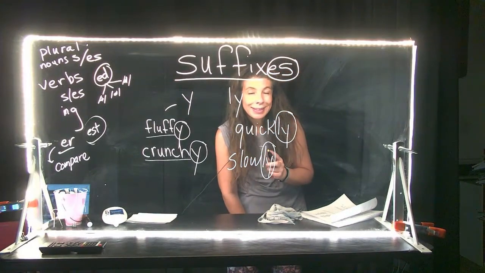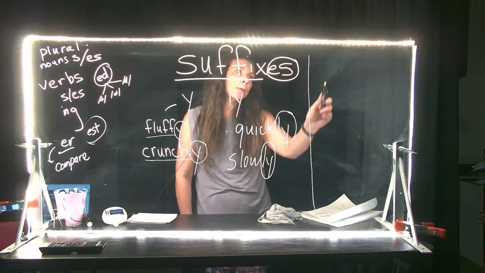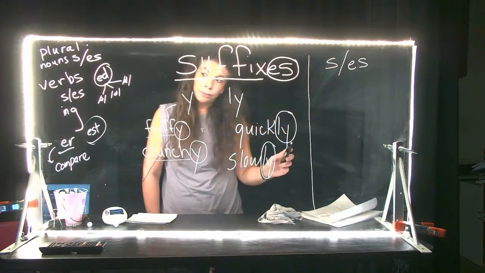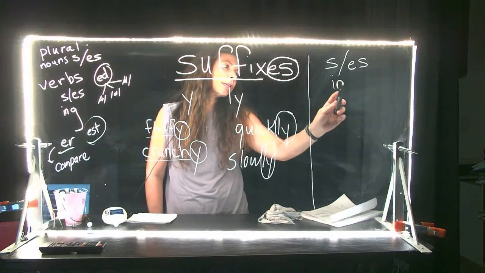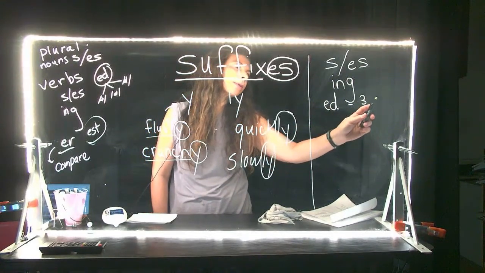Third grade, let that sink in. We've learned a lot of suffixes, right? We've learned about the S and the ES. We've learned about the ING, present tense. We've learned about the ED, how it makes 3 sounds.